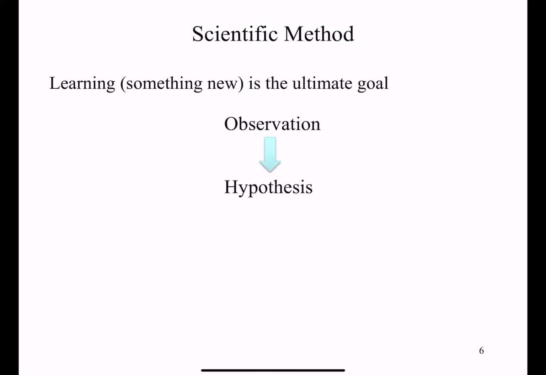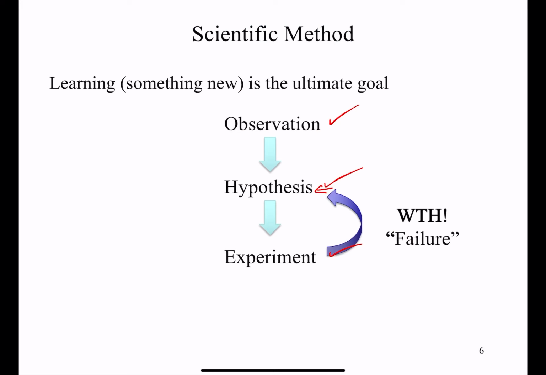So learning something new is the ultimate goal. We'd have an observation about nature, and we'd form a hypothesis about it. Next, we would perform an experiment to try and reject or refute the hypothesis. And then if our experiment fails, we would do it again. And then we would do it again.